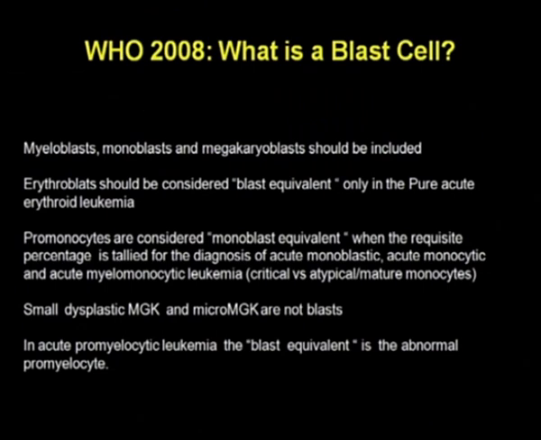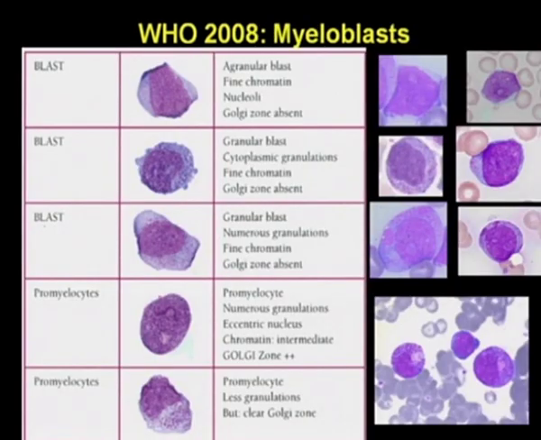And again, coming back to the classification, it is well detailed and listed what we have to consider blast cells. This is the same slide we discussed before with the images, but again, I underline that myeloblasts, monoblasts, and megakaryoblasts should be included in the blast enumeration.